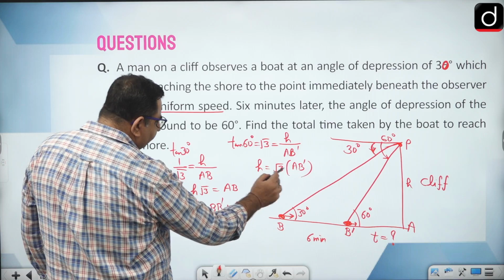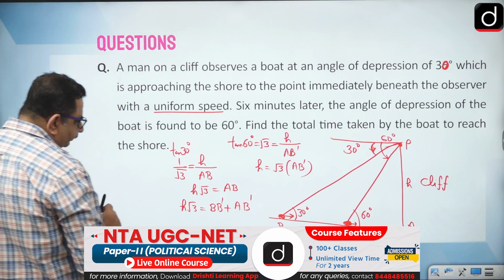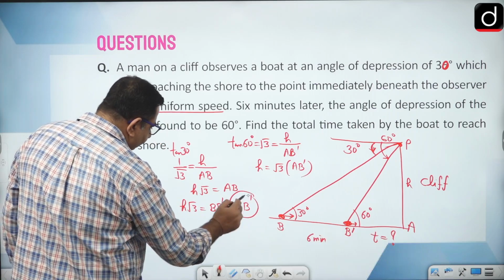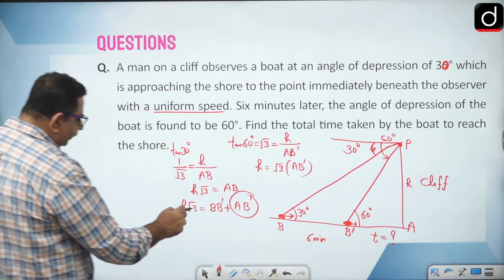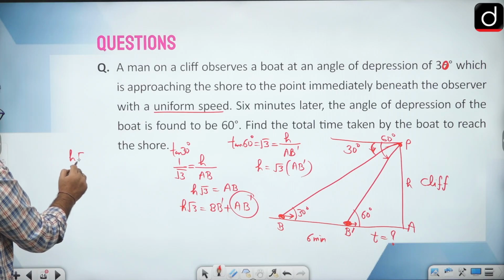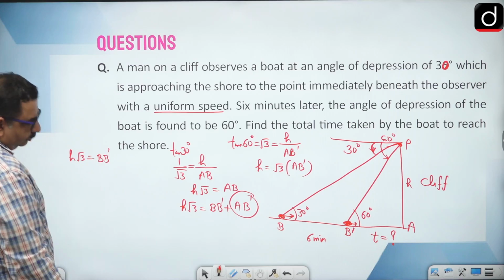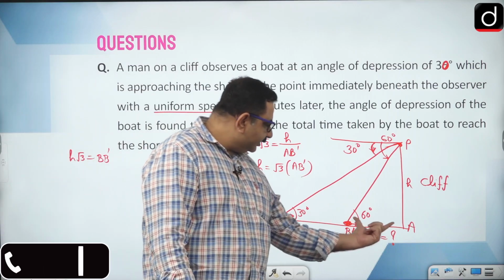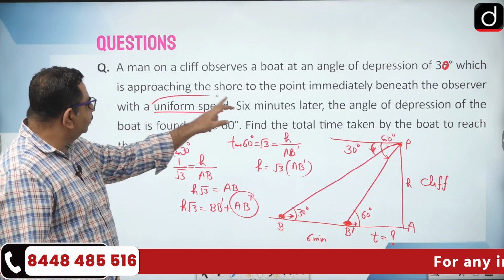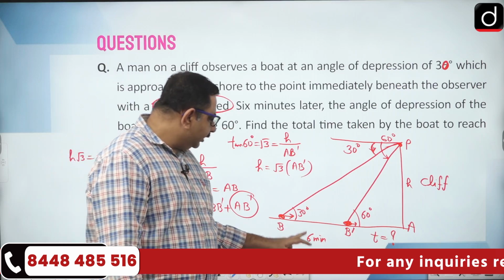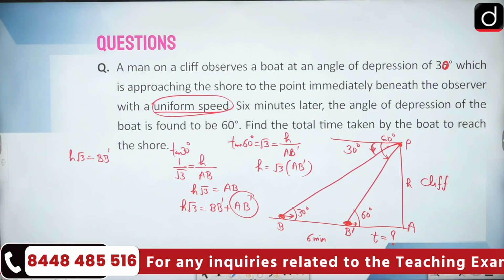Now in place of AB dash, I can write h by root 3. So let me write here h root 3 is equal to this, because we have to find the ratio of lengths of BB dash and AB dash. Once I get this ratio, since speed is uniform, in the same ratio time would be divided, right?